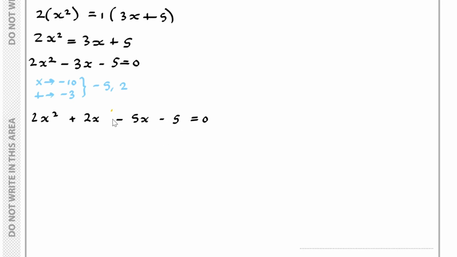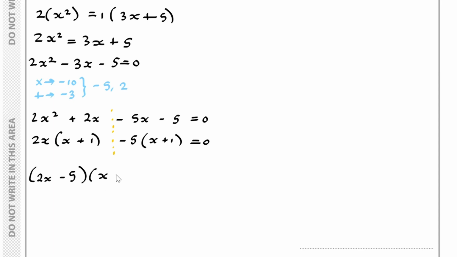And if we split this up into 2 parts, here we've got a 2x as a common factor, so inside a bracket we've got an x plus 1. We've got a minus 5 as a common factor, and inside the bracket we've got an x plus 1, and all this is equal to 0. And grouping the terms together, we've got 2x minus 5 lots of x plus 1 equals 0.